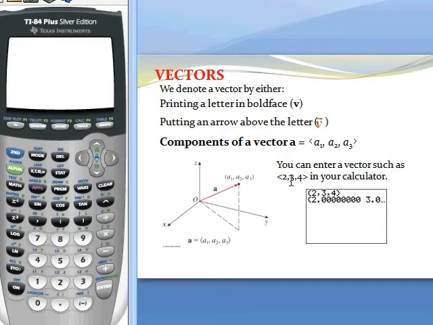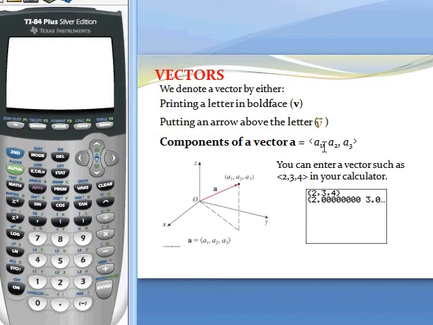Now, let's say I want to enter a vector such as 2, 3, and 4. 2 means on the x-axis 2 steps over here, 1, 2. 3 on the y-axis means 1, 2, 3 steps over there. So it's going to be right here, parallel to the x-axis, right here, parallel to the y-axis.